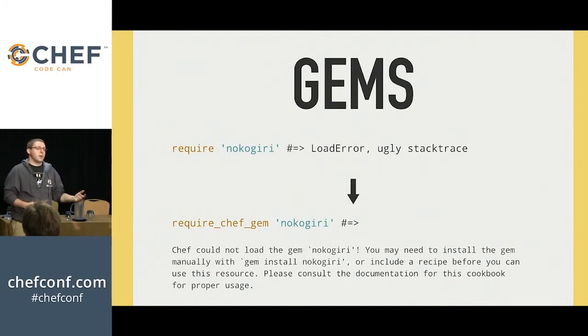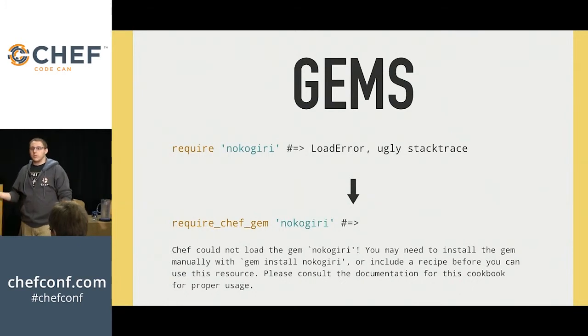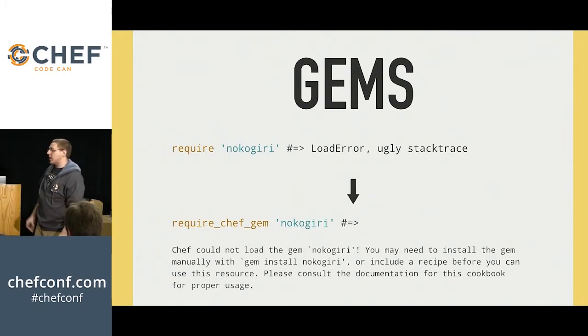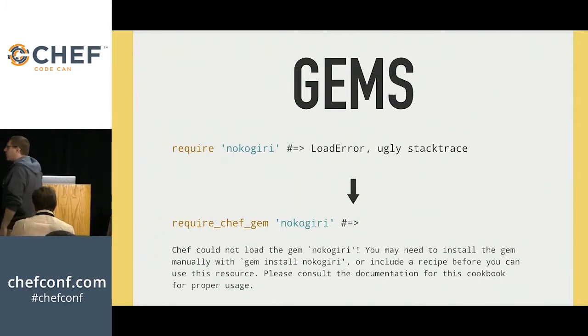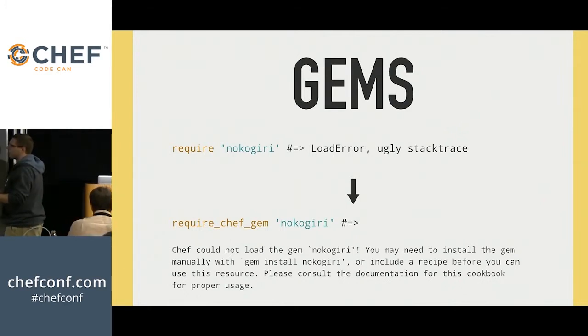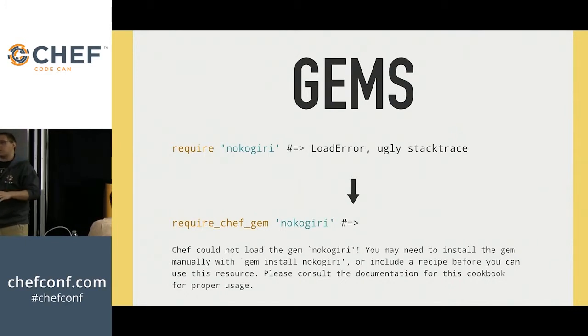You could very easily replicate this on your own. In fact, I was doing a simple thing like this in cookbooks, but RequiredChefGem is just a lot nicer. It's worth noting that RequiredChefGem has nothing to do with the chef_gem resource that's part of Core Chef, so don't confuse them. This is just an extension on the kernel module.